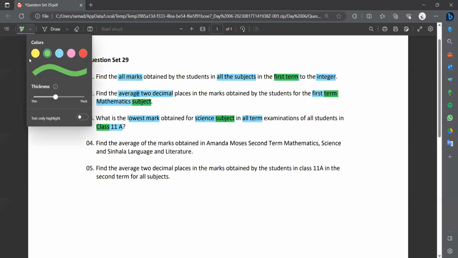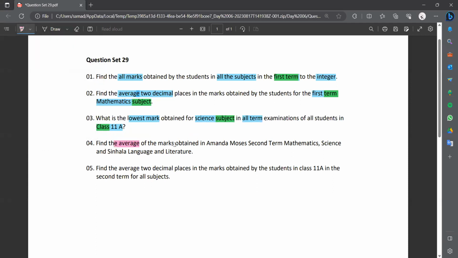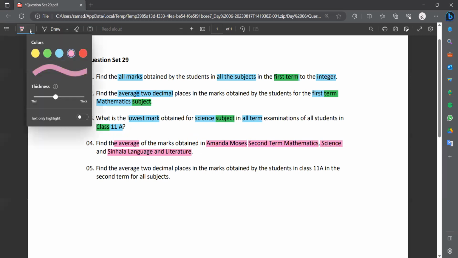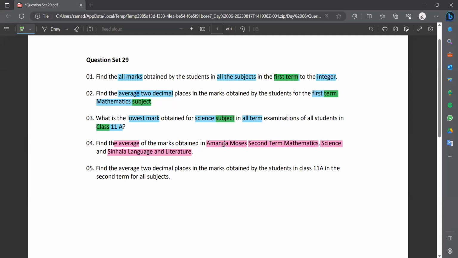Then we get the final one: find the average of marks obtained by Amanda Moses, second term, mathematics, science, and literature language. We need for that our student table and subject table.